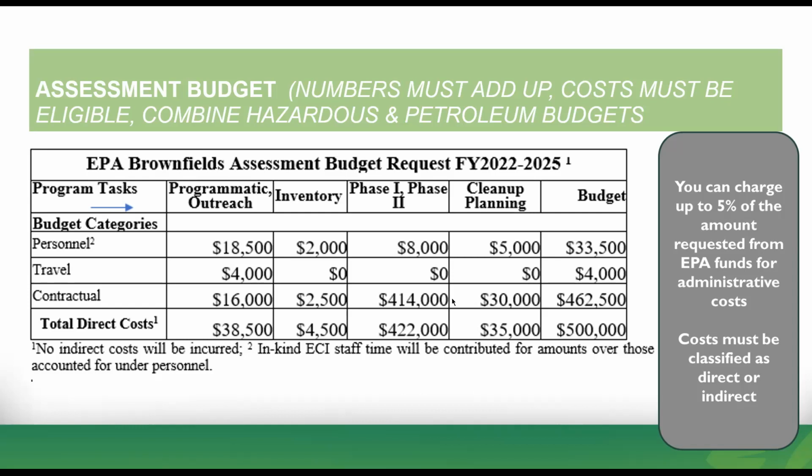Direct costs would be like your contractual costs, your direct personnel costs. Indirect costs, there's usually a negotiated amount or negotiated formula between a grantee, a city or a nonprofit, and the federal government that dictates what percentage of their personnel plus fringe can be charged as an indirect cost.